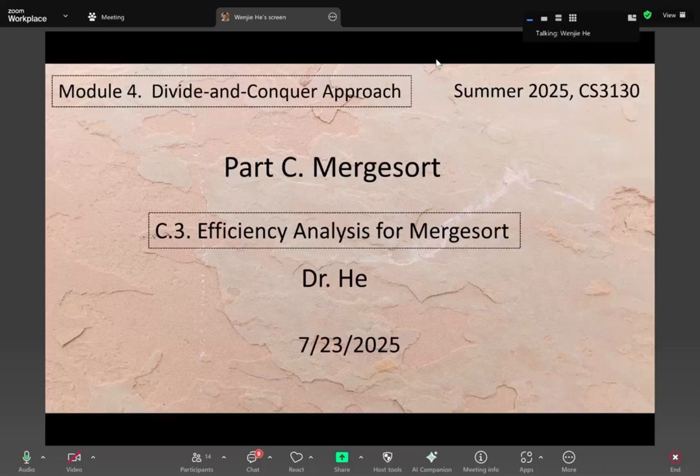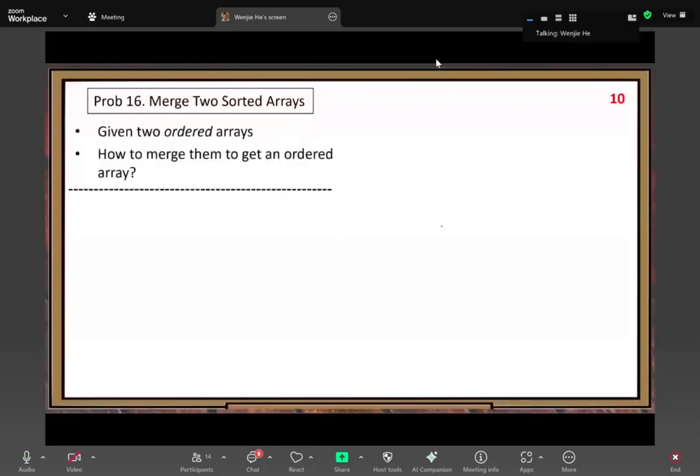When we do efficiency analysis, remember, we want to control the poor worst case efficiency. So we want to look at what is the worst case efficiency. We use a recurrence relation to tell us how many comparisons we need for the merge sort.